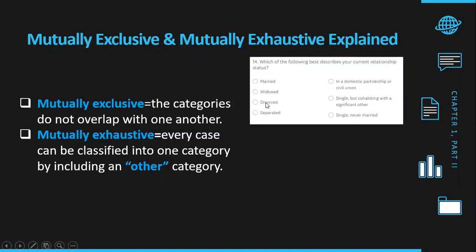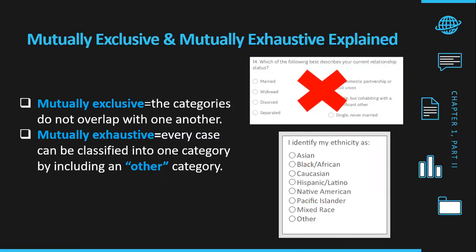So this variable is mutually exclusive, but it is not mutually exhaustive, simply because there is no other category. So if respondents were to look at this item and possibly not find their circumstance or situation listed, there would be no way to capture this unless an other category was included. So this is not what we want.